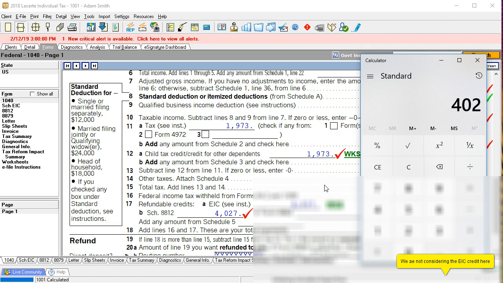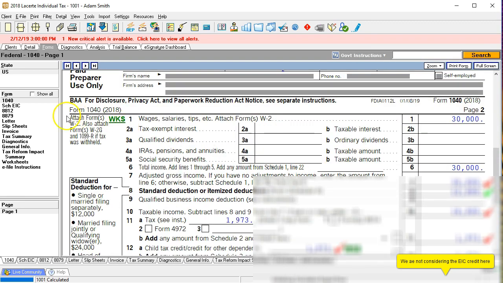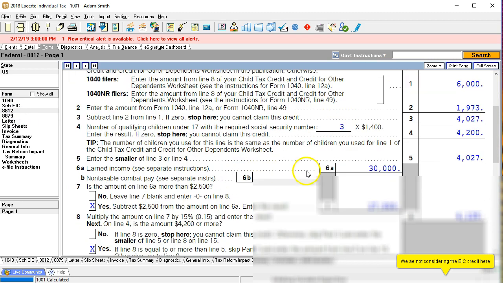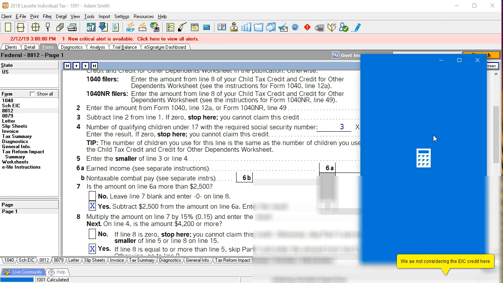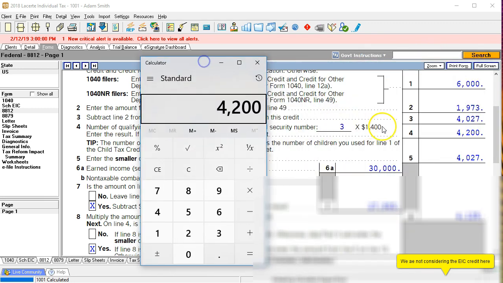If we take the 4027 divided by 3, we're almost at that 1400, right? Which is, if we go to this tab, you would think you'd get 1400 times 3, which would give us that 4,200.